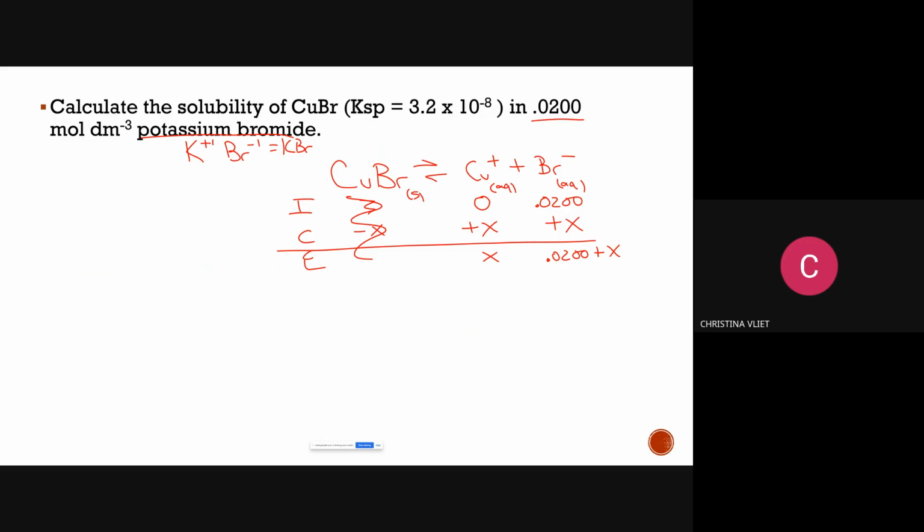Technically, what would your equation be?